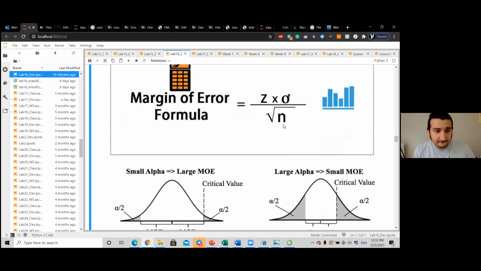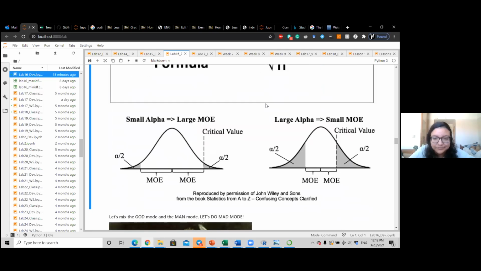What is n? Sample size. How many samples you have in the set. What is sigma? Standard deviation. And what is z? That is the z-score. Yes. Now, have a look at this.